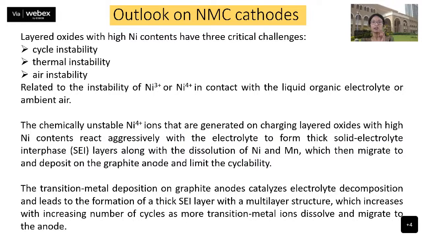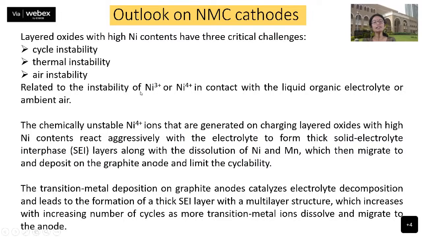So when we look into NMC cathode, is that the ultimate answer? No, because we still have a lot of problems to solve in these NMC cathodes. So here I have listed a few. One is cycle instability, thermal instability, and also air instability.